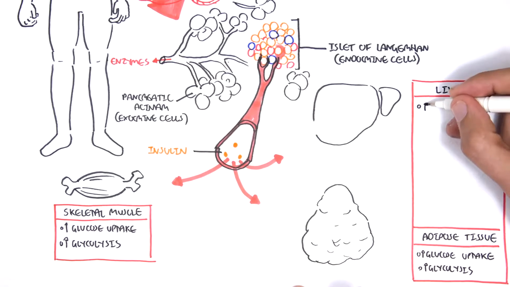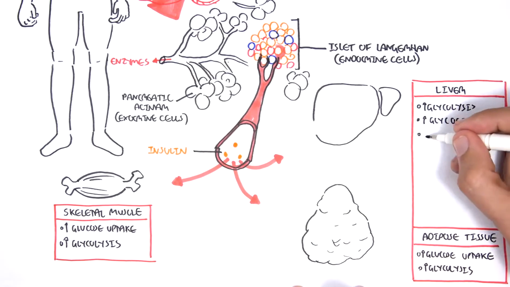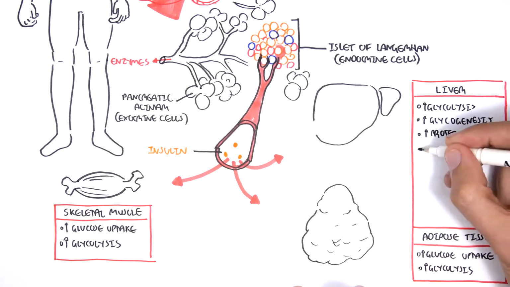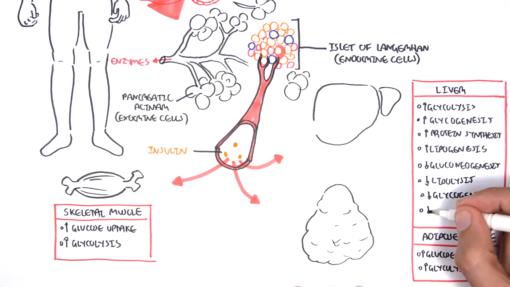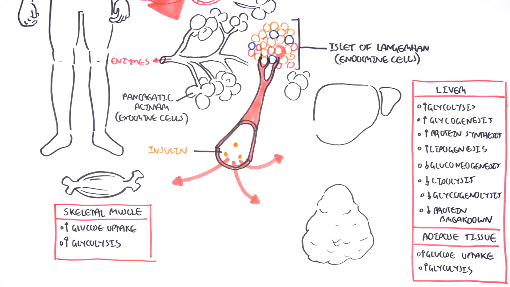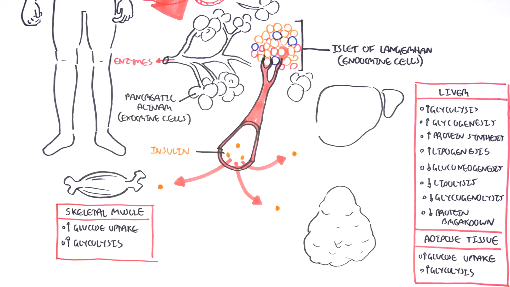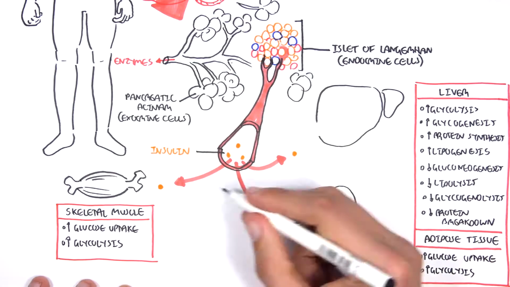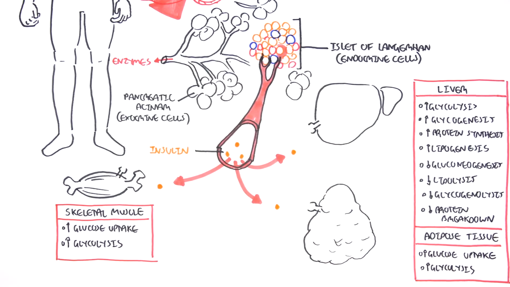Insulin has a big effect on the liver, including increasing glycolysis, increasing protein synthesis, increasing lipogenesis. Insulin also decreases gluconeogenesis, lipolysis, glycogenolysis, and protein breakdown. All in all, insulin promotes glucose uptake and energy storage and inhibits the release of glucose to blood.